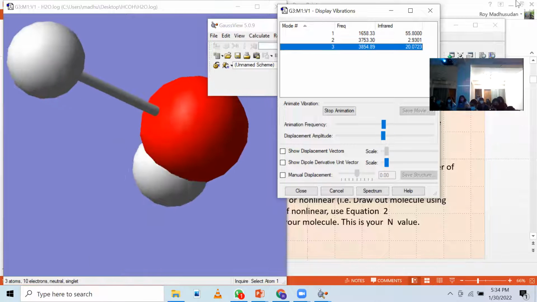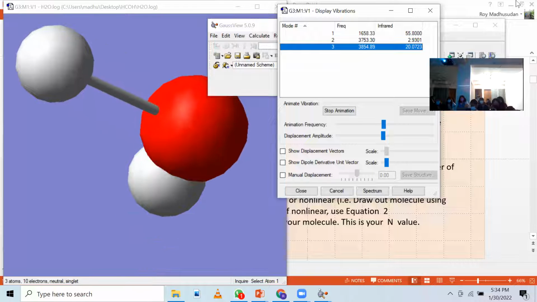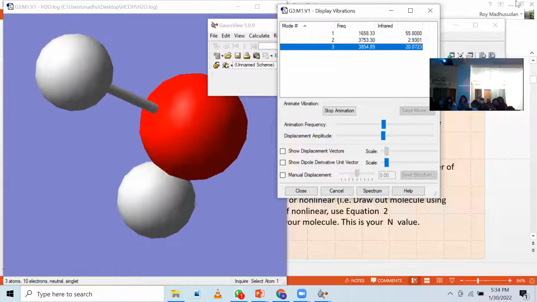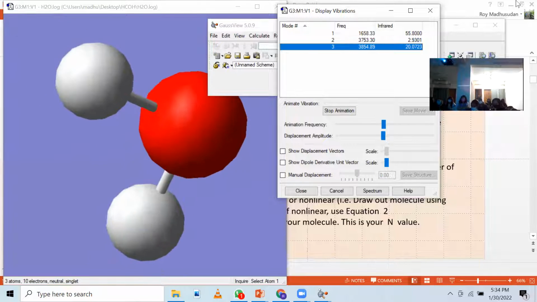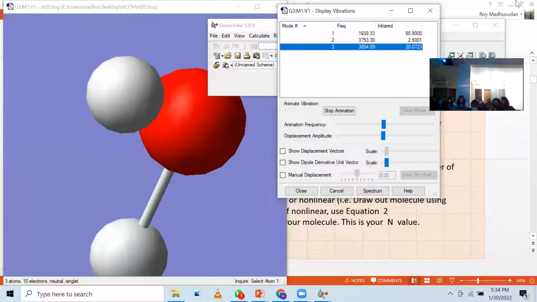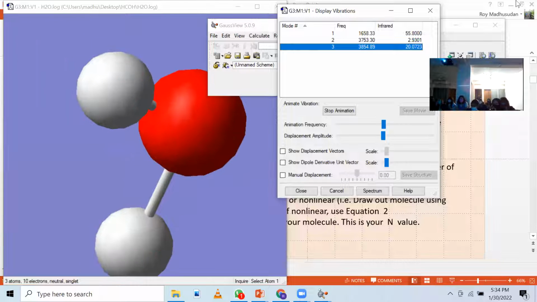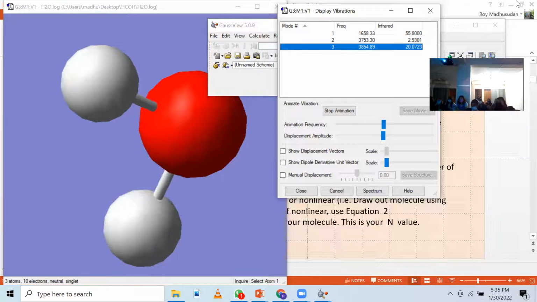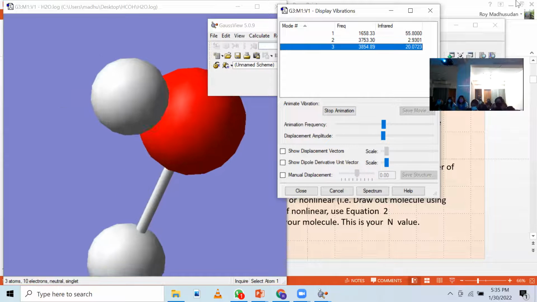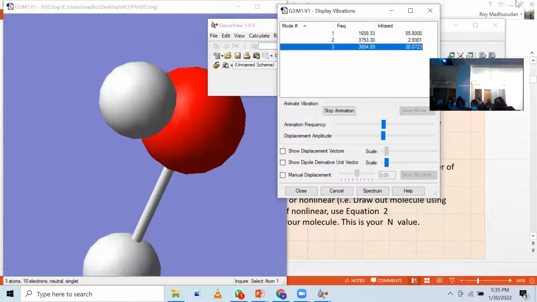Therefore, we can consider a partial positive charge. Is it? That means deficiency of electron for this hydrogen. And here we have 1 extra electron in addition to the number of protons, because this oxygen has 8 protons. Now, if this electron comes from the hydrogen, that means it has 9 electrons in addition to 8 protons.